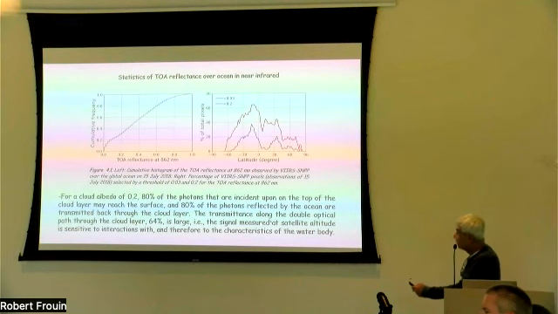And so these are some statistics of top of atmosphere reflectance over the ocean in the near infrared. You have a cumulative histogram here on the left of the top of atmosphere reflectance at 862 nanometer observed by VIIRS over the global ocean on 15 July 2018.